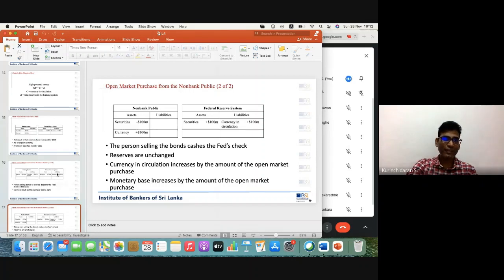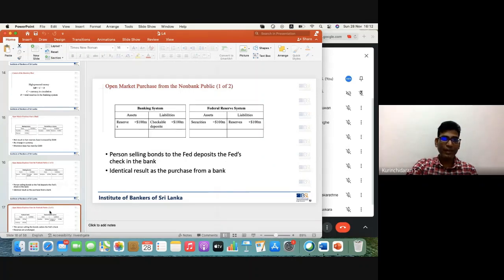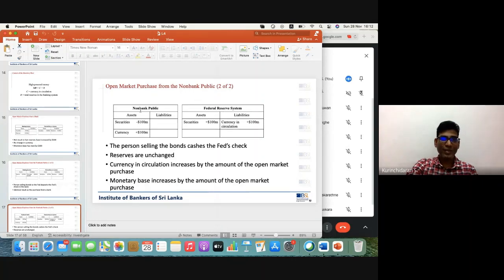If you take the non-bank public account, initially they had 100 million in securities. Now they sold and got the money back. If they get it via currency, then definitely the central bank liability is not the reserve account, it's currency in circulation.